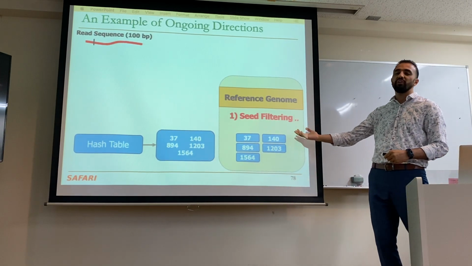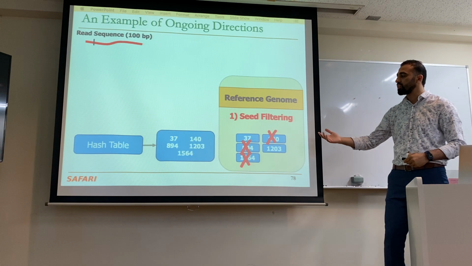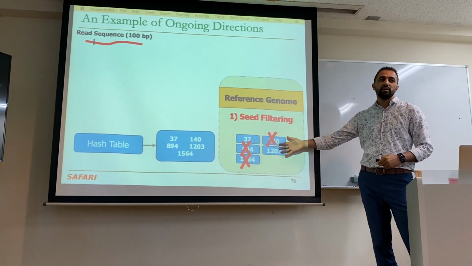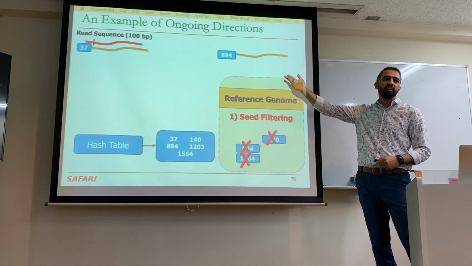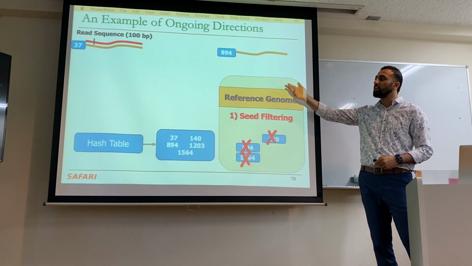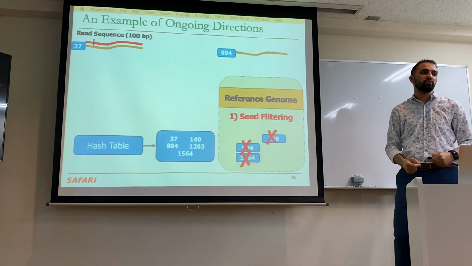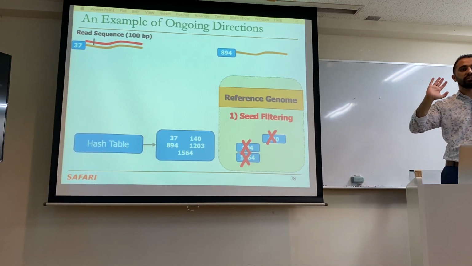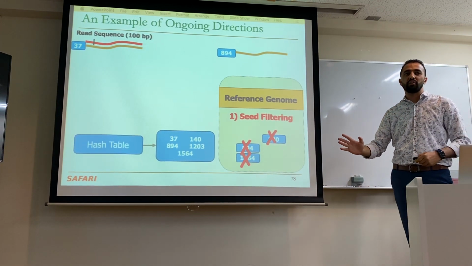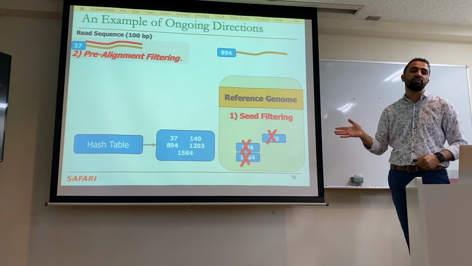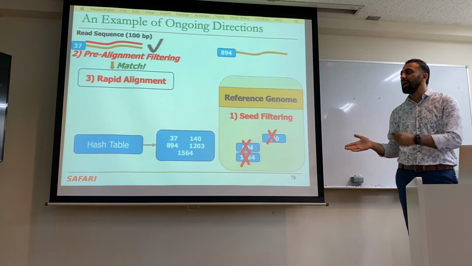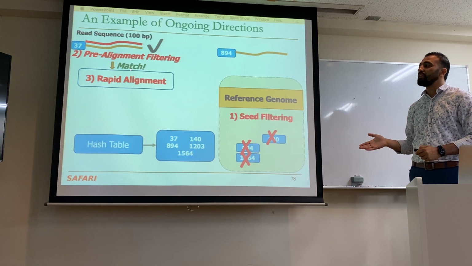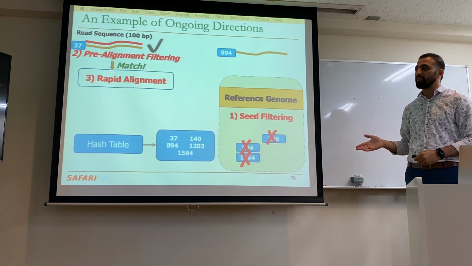I apply some seed filtering heuristic to filter most of these locations. Only some of them will go to the reference genome, where I extract a few segments and then compare them together. But I said, okay, stop. Before doing the dynamic programming algorithm, I'm going to apply some filtering heuristics to compare these 2 segments together. And if they really match, then I apply the dynamic programming algorithm.